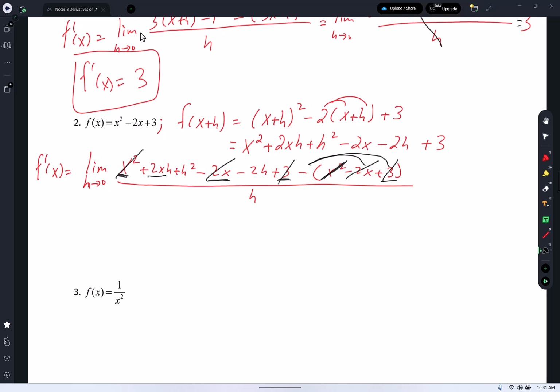Every term I have has an h on it. Can I factor out an h? Okay, that's the step I'm going to write. Limit as h approaches 0. Here's my h factored out. I'm going to have 2x plus h minus 2. Yep. All this is over h.